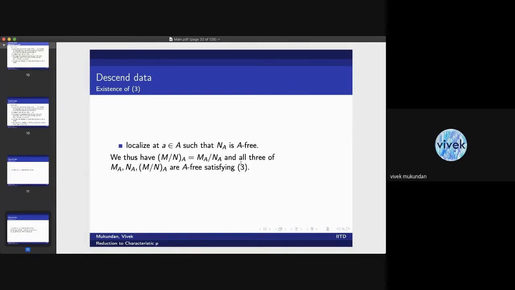So this is how the existence of such a descent works, to make sure that you can descend the ring, the module, and its submodule.